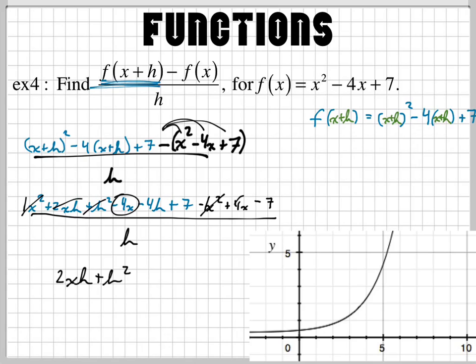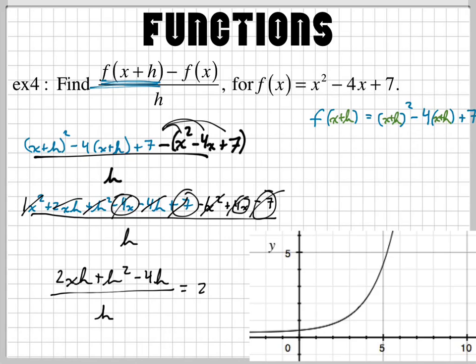Oh yeah, there's a 4x over here. Okay, they cancel each other out because they're opposites. Anybody like this h term? No. Okay, so I have minus 4h. And then what about those 7s? Oh, those 7s also cancel out. So I have all h's on top. I have one h on the bottom. Can I divide each of these terms by h? Yes, and so now it looks way prettier.